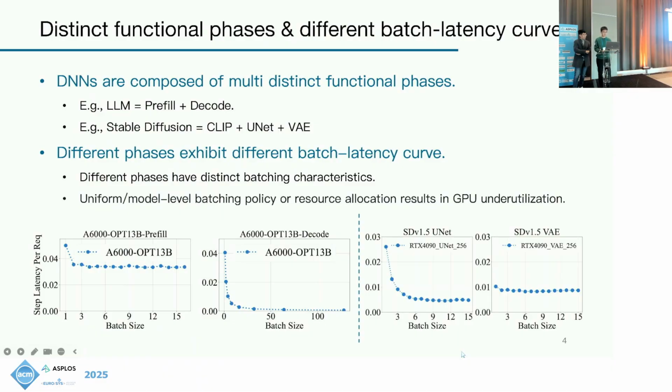And what's more, there are different main functional phases during dynamic model inference. For example, large language model inference contains prefill and decoding phases, and Stable Diffusion inference involves text encoding, diffusion, and decoding phases. We found that the different phases have distinct batching characteristics. The figures show the request execution latency on each phase, which is batch latency divided by the batch size, excluding the queuing time.